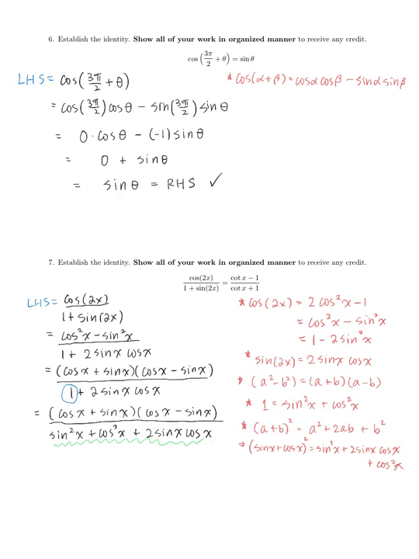So let me just copy and paste the numerator. Now the whole entire bottom is going to be sine of x plus the cosine of x, whole quantity squared. Now things are kind of looking good.